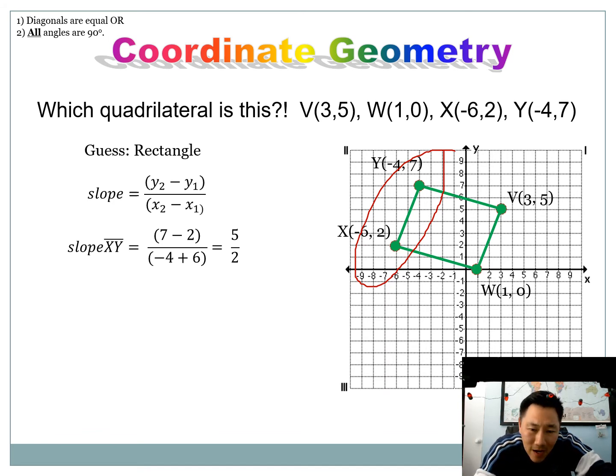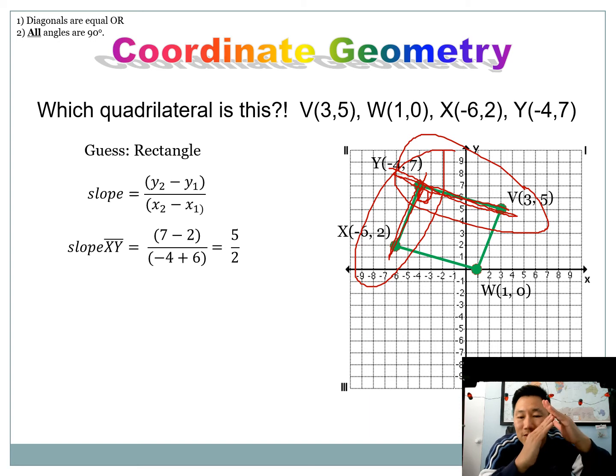Well, if I want to show that this is 90 degrees to this line, I need to show that the slope of YV, this one, do you remember what you have to do to show that these two make 90 degrees? It's a fancy word called the negative reciprocal.